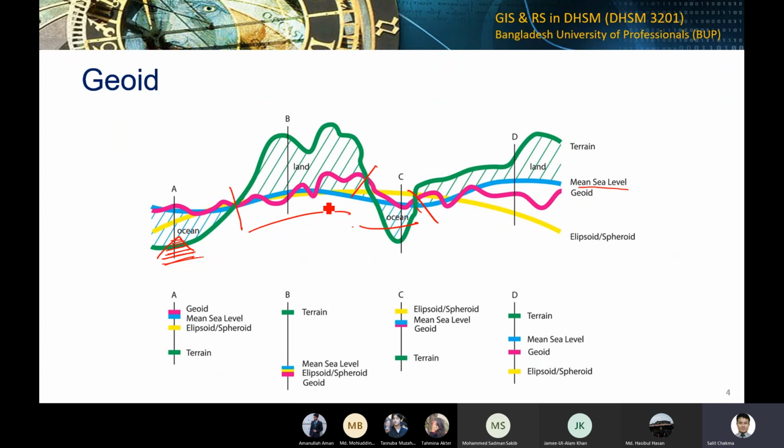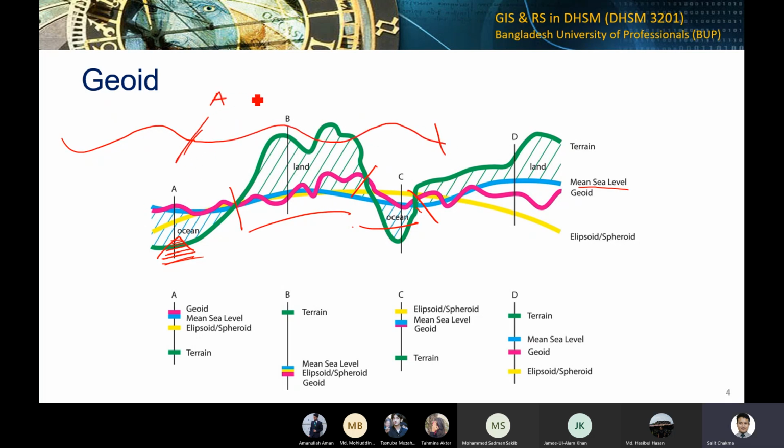But if we look at the imaginary mean sea level for the land, the calculated or estimated mean sea level, we find that it still follows the same smooth pattern. Because if you have some curve like this, and you try to estimate what the curve would be at this location based on these curves, you will still find something smooth.